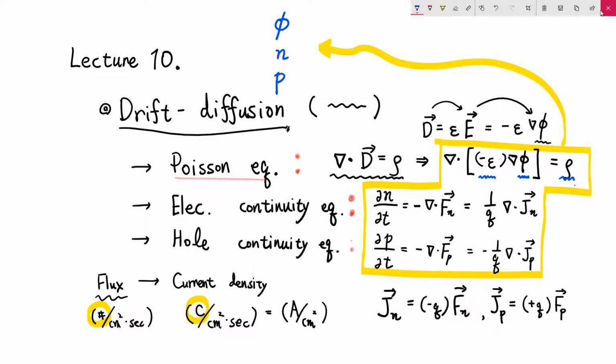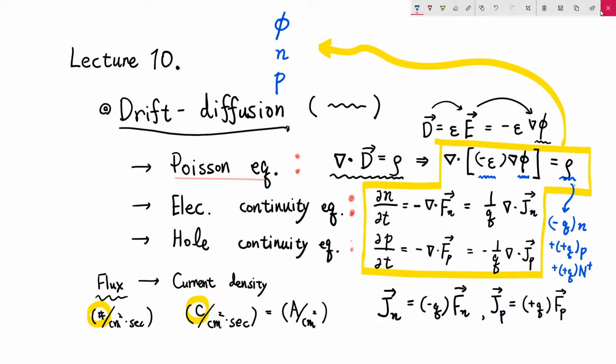And rho, here we need a little further discussion. However, rho can be a sum of contributions from electrons, holes, and dopants. So the net charge density is given by minus q times n, plus positive q times p, and finally positive q times the positively charged dopant density.